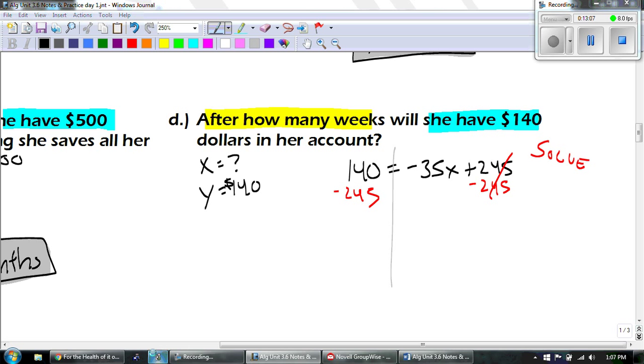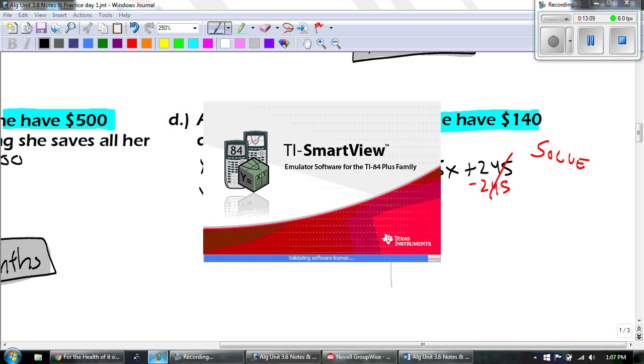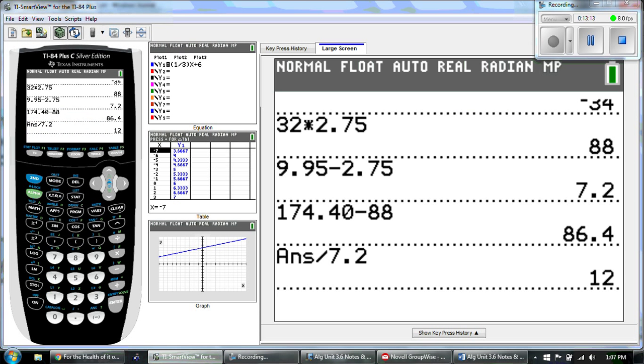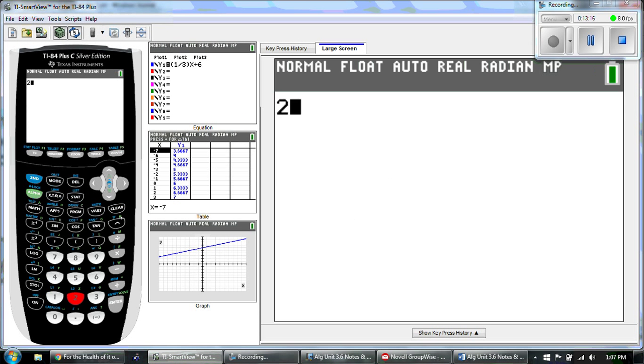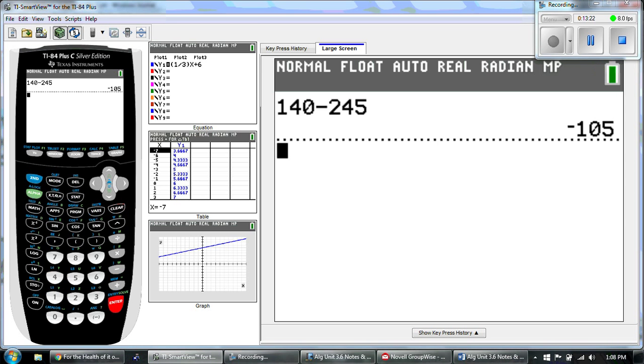No, you tell me. Seriously, you're going to make me take out my calculator? Come on. You should know this, guys. So we're taking 140 minus 245. We just have to watch our signs, and it's negative 105.